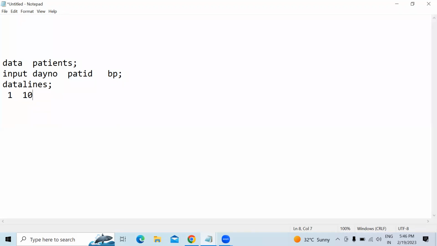Day number 1, patient ID 101. At that moment, his initial BP was, let's say, some score I am applying, 120. Same day or different day, whatever it may be, and let's say 90.